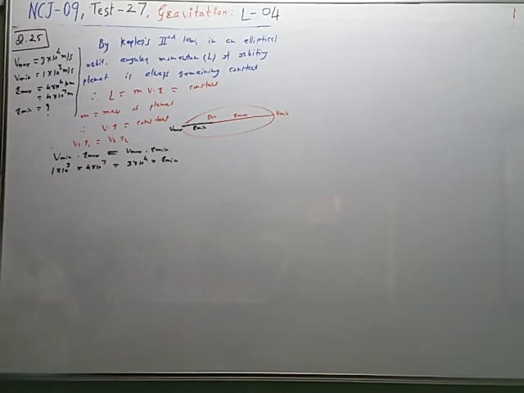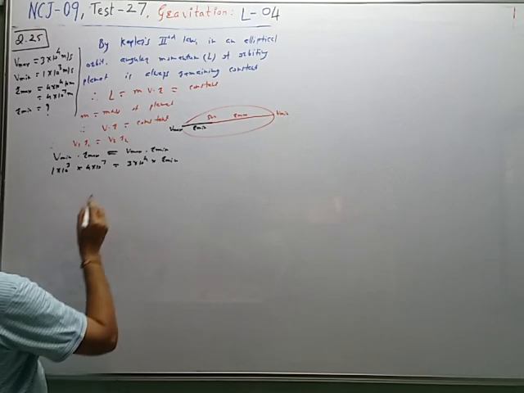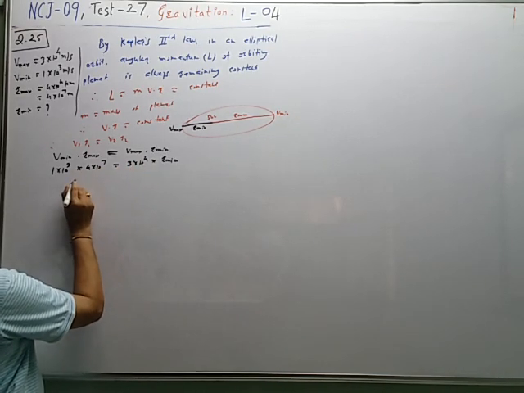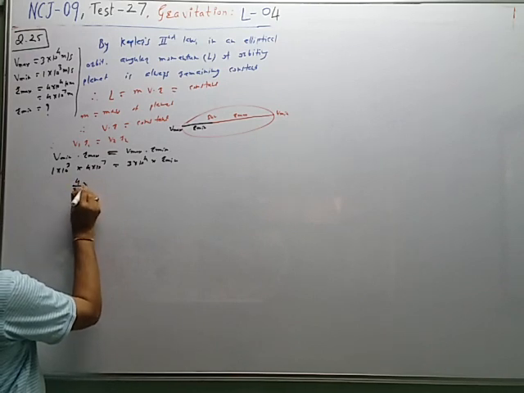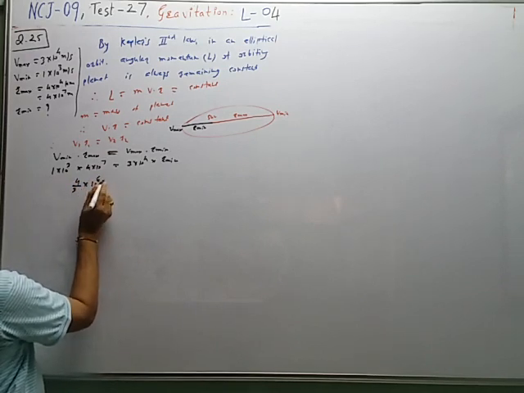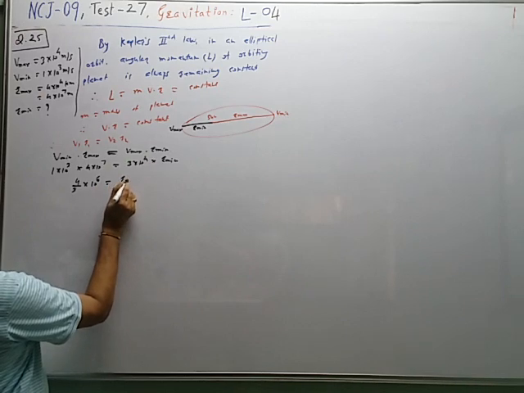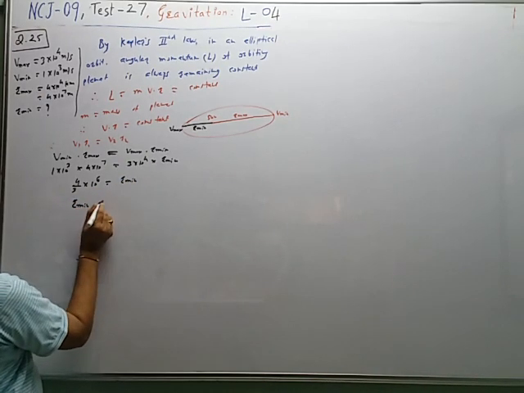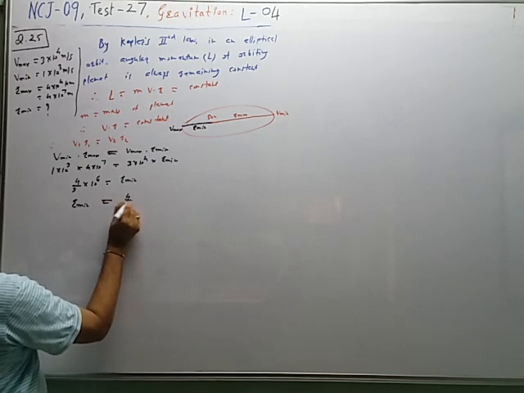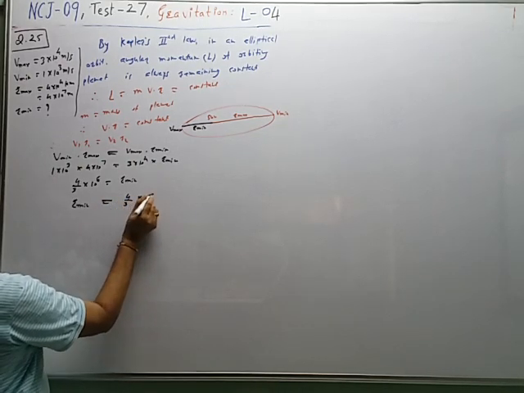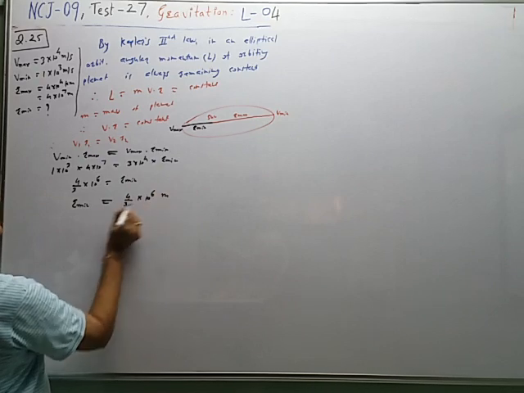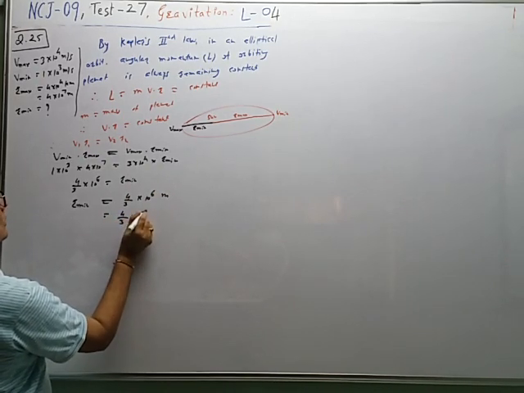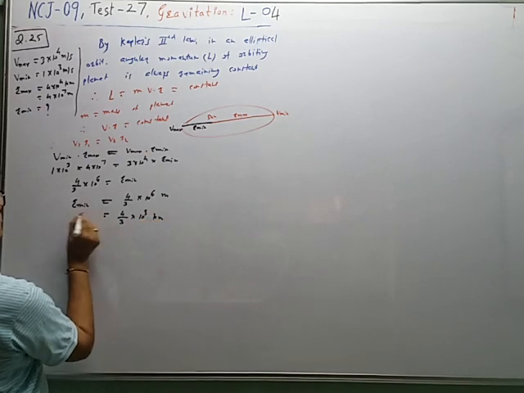First we find the answer in meter. So this 4 will get cancelled. So 4 by 3 into 10 raised to 6. So R minimum is equal to 4 by 3 into 10 raised to 6 meter is equal to 4 by 3 into 10 raised to 3 kilometer.